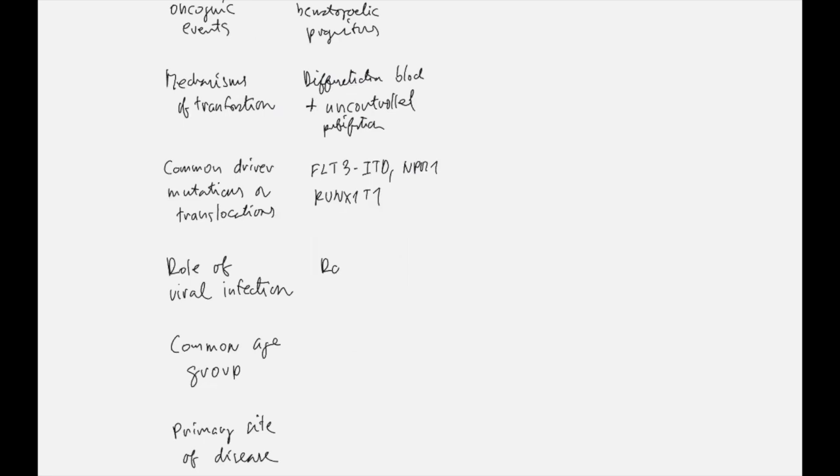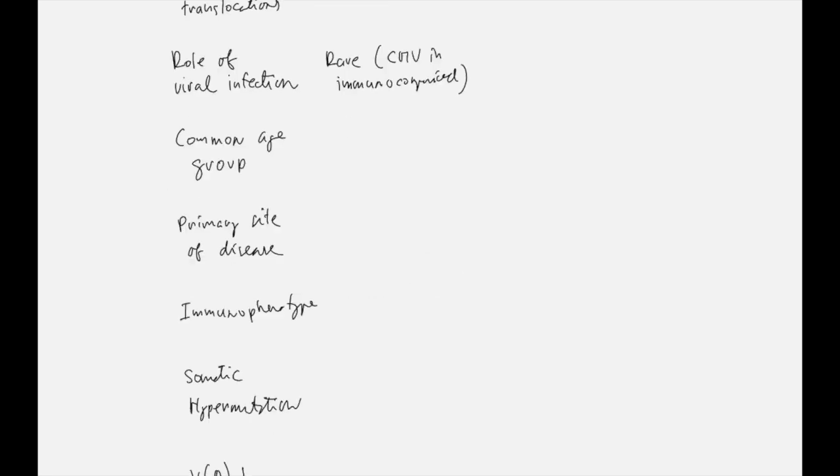Is there a role of a virus in this case? Rarely, so rare compared to lymphomas, for example. But CMV sometimes is suspected, especially in immunocompromised patients. What is the common age group?